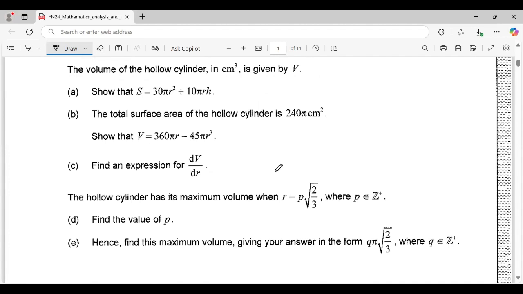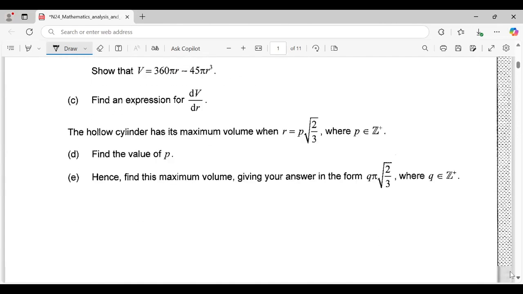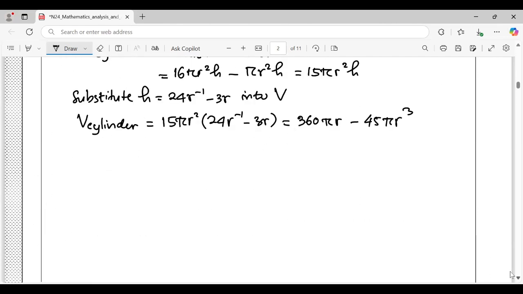Find an expression for derivative of phi, dphi dr. Derivative of this function, volume cylinder function, 360 pi, I mean, minus 3 times 45, 135 pi r squared.